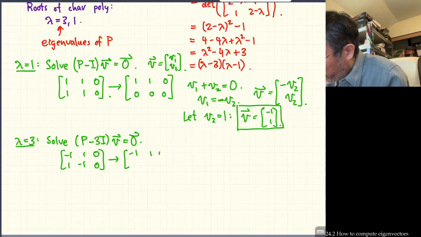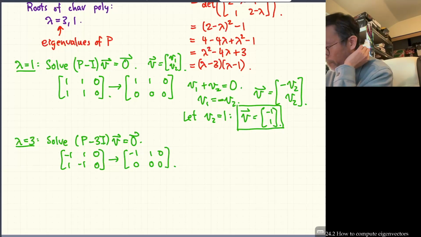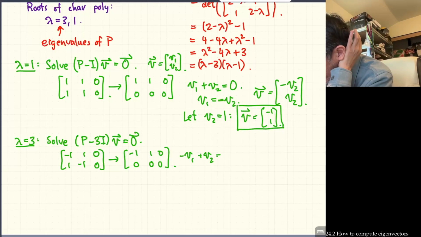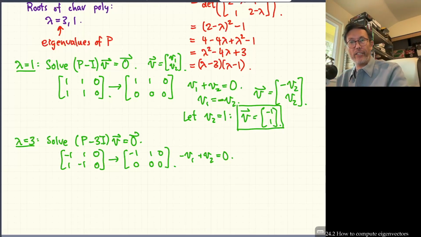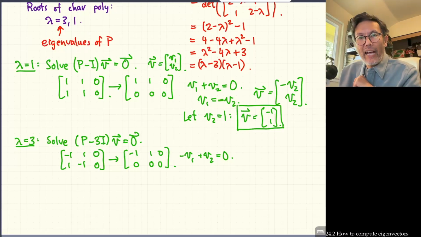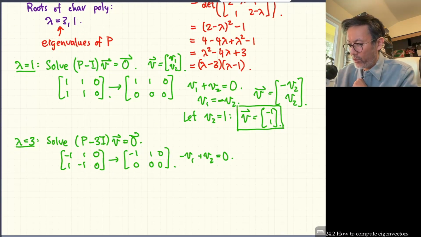Negative 1, 1, 0, 0, 0, 0. And what we learn from this is that negative V1 plus V2 is 0. In other words, an eigenvector V1, V2 has to satisfy this equation right here.